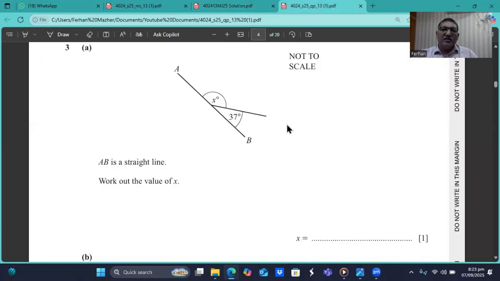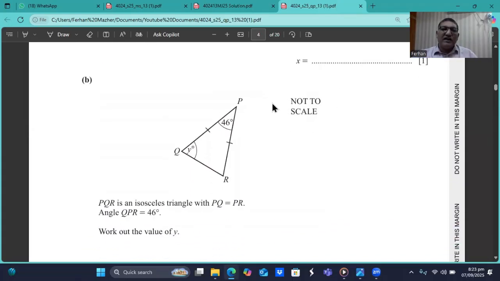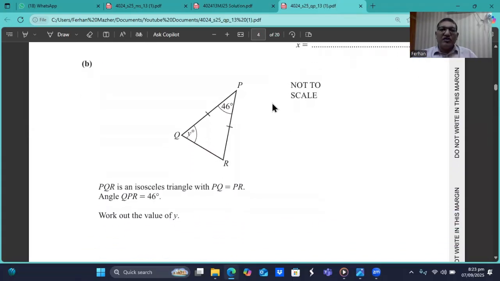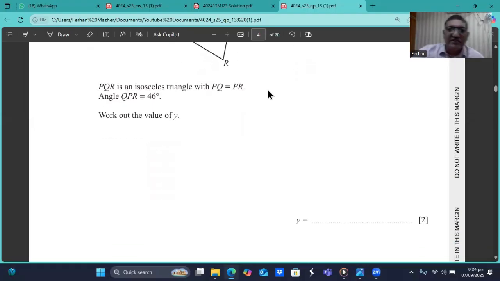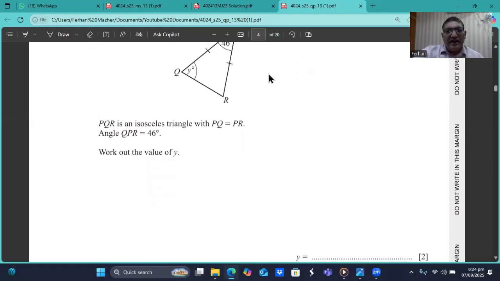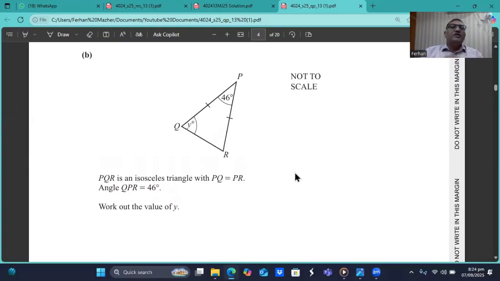Okay. So now we are going to the next question, question number 3, and it's the B part. It's a 2 marks question. And you can see he says, PQR is an isosceles triangle with PQ equal to PR.